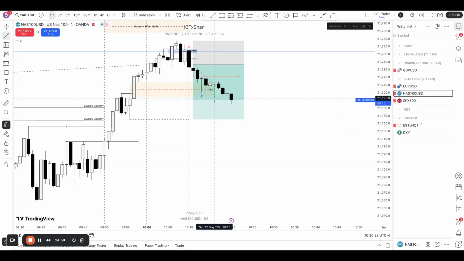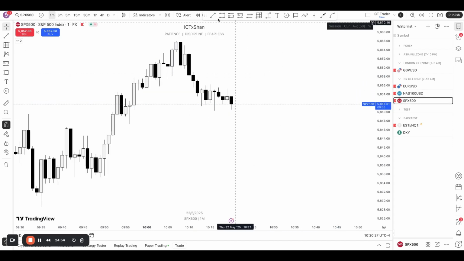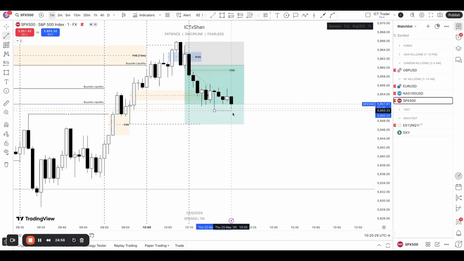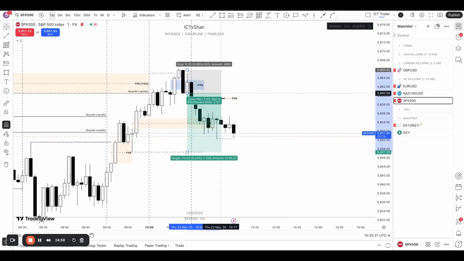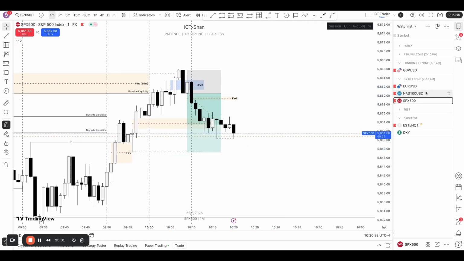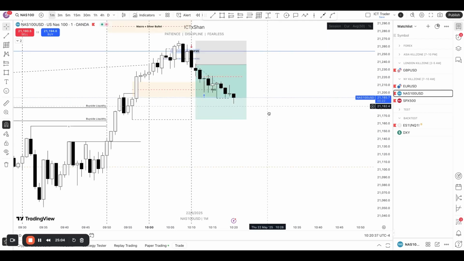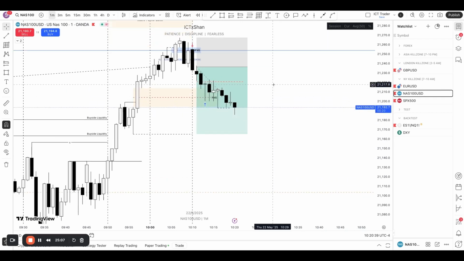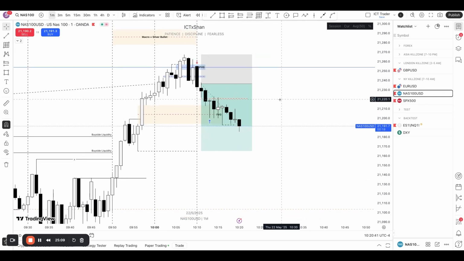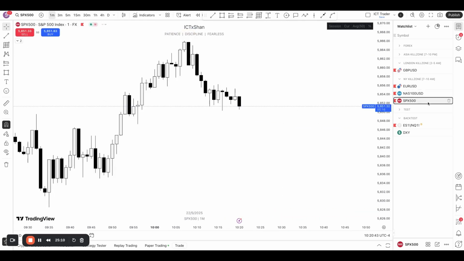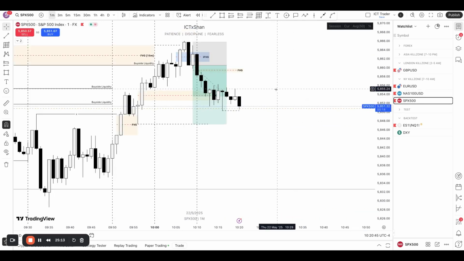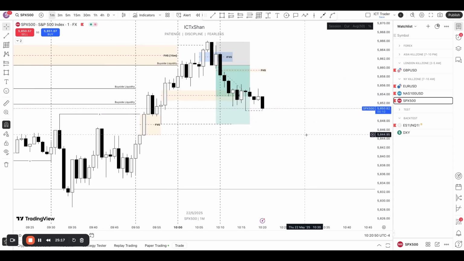What we notice here, this low: NQ took the low, but ES is still struggling to take this low. Why? At this point, ES is the biggest pair we have, but below that we have the opening.